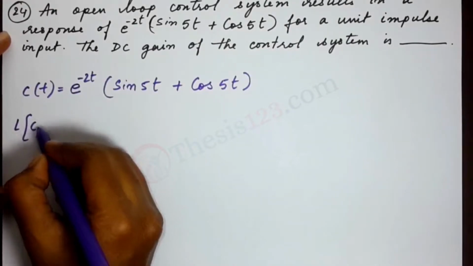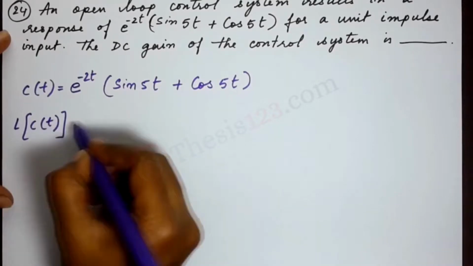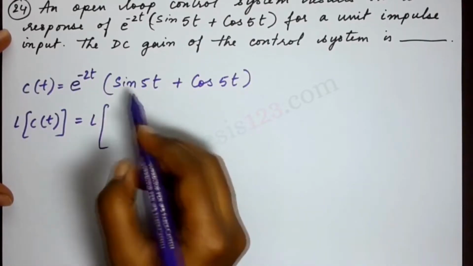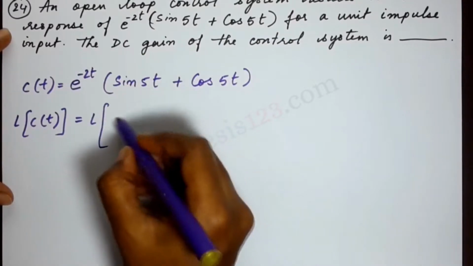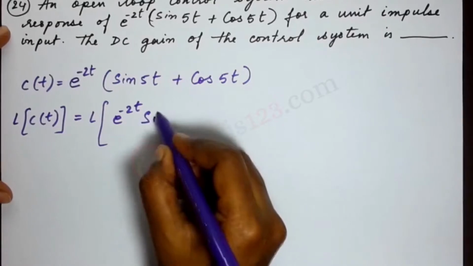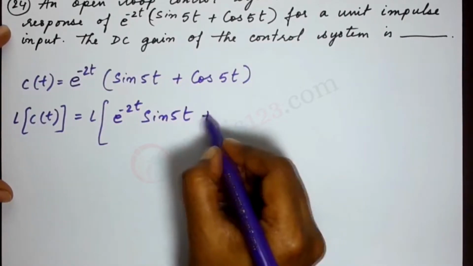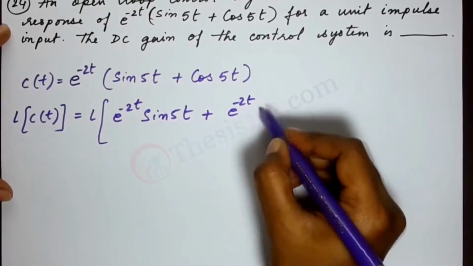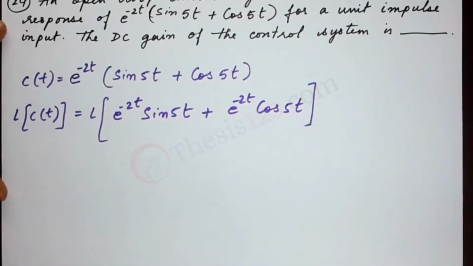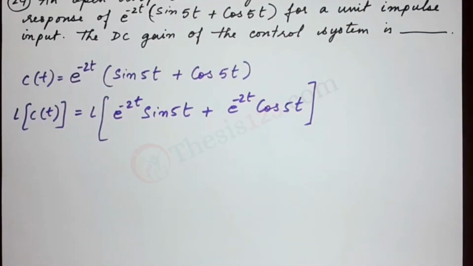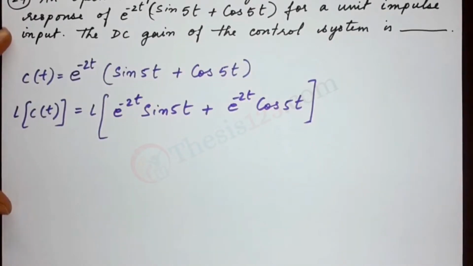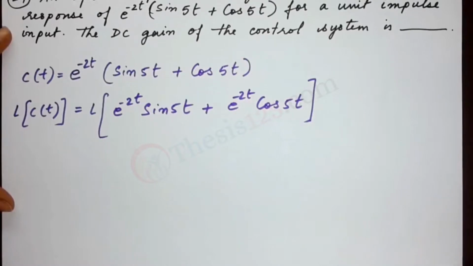So Laplace transform of c of t equals Laplace transform of, now let's just open up the brackets and multiply, e power minus 2t sin 5t plus e power minus 2t cos 5t. Now we will have to use two very important Laplace formulas. Now please recall, I'll write the formulas down here.